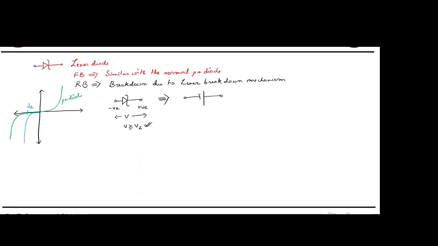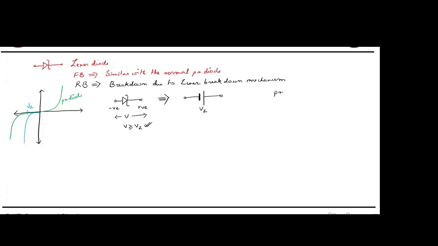Can you see the difference here compared to a PN diode? If you see the difference, in the normal PN diode, when it was forward biased, P was connected to positive and N to negative.